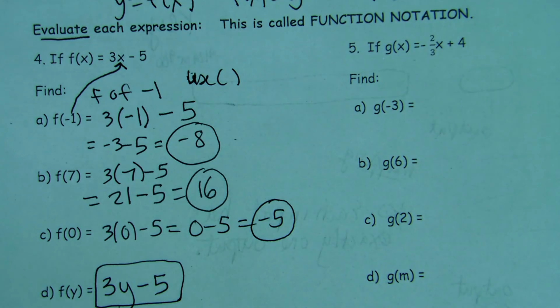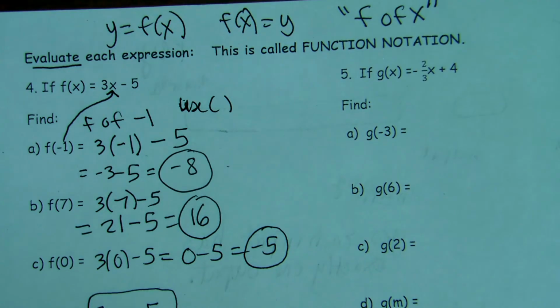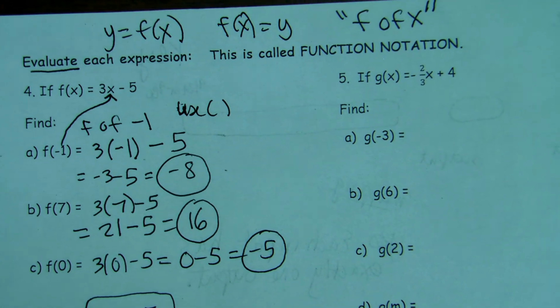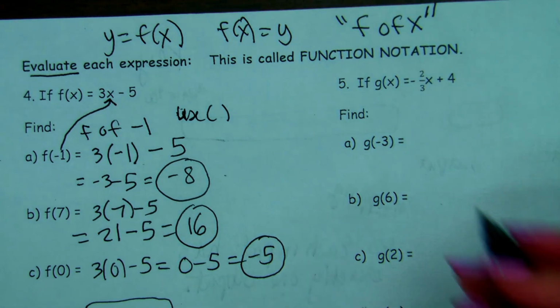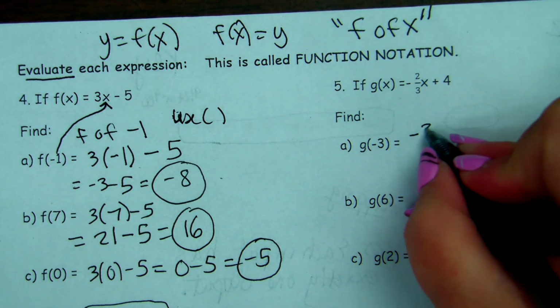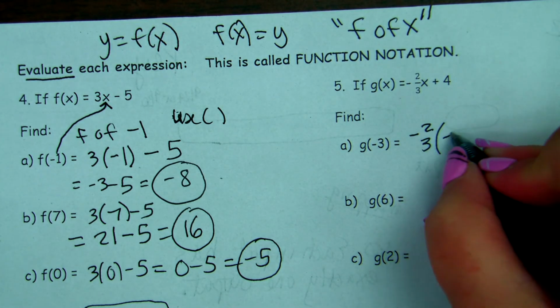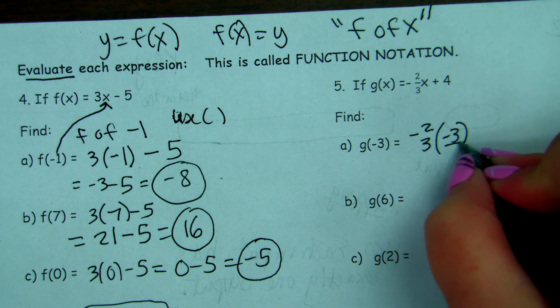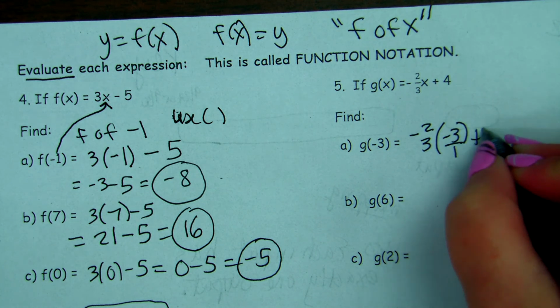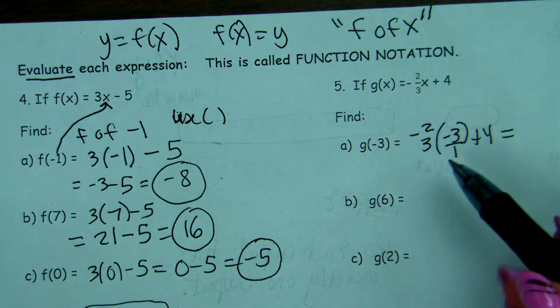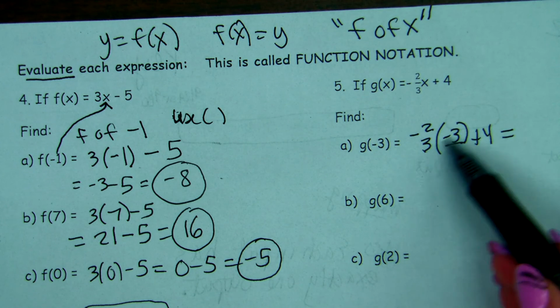So now we do the same thing with g of x. G of negative 3, negative 2/3 times negative 3, which is negative 3 over 1, plus 4 equals, see how the 3's can cancel?